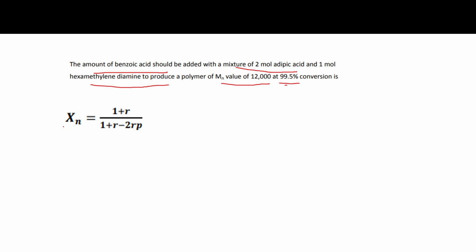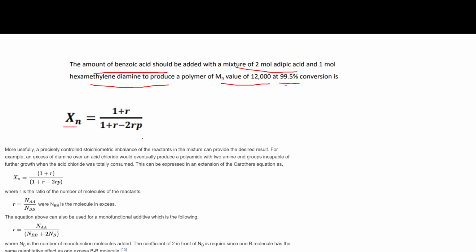You already know the equation for the degree of polymerization, so from here you can calculate, and we also know the relation between the reactivity ratio r and the monofunctional impurity. Here NB is your benzoic acid.